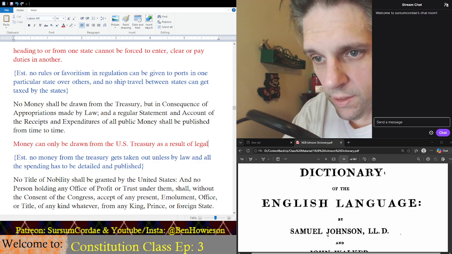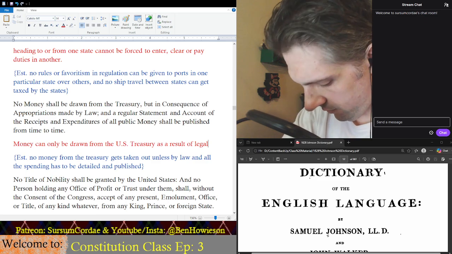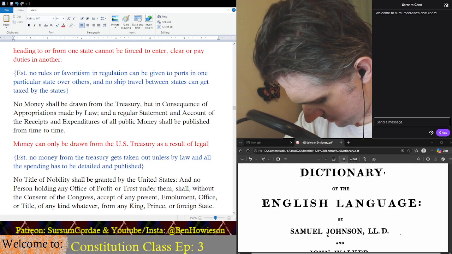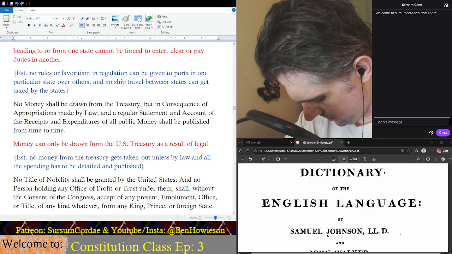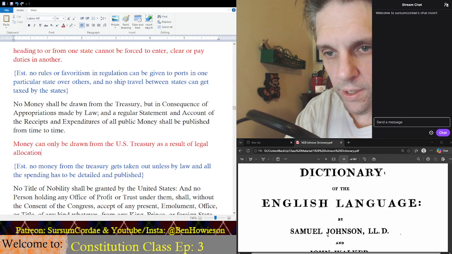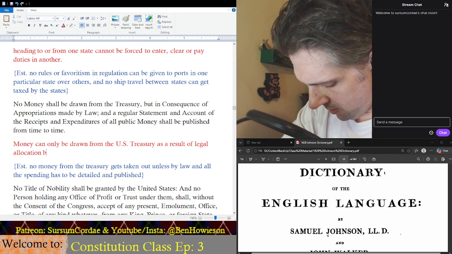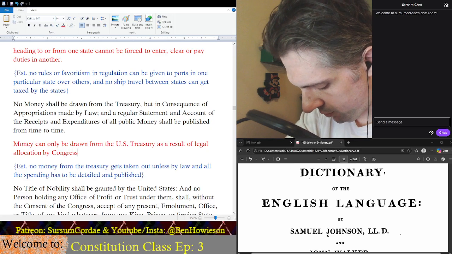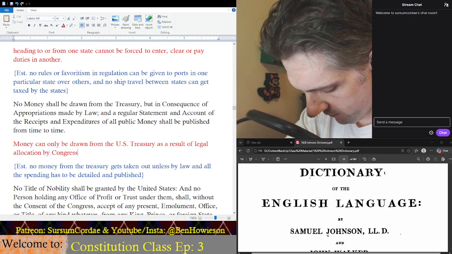Let's see, money can be drawn from the U.S. Treasury as a result of legal. It says I wrote down allocation by Congress. And now I'm thinking, is allocation too big of a word for half of the country?